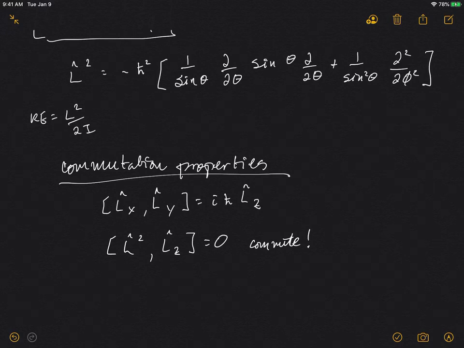If they commute, then that means that at least in principle, these are compatible observables, so that we can, at least in principle, measure them exactly, or at least do the math of representing the measurement exactly for both of these operators at the same time for the same wave function.